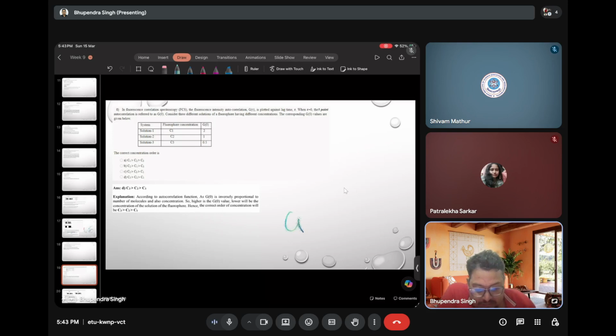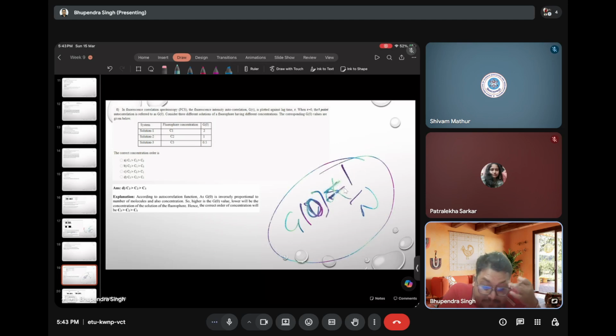So G(0) is proportional to 1 by N, where N is the number of molecules. Number of molecules means the concentration, nothing else. So the correct concentration order is C3.